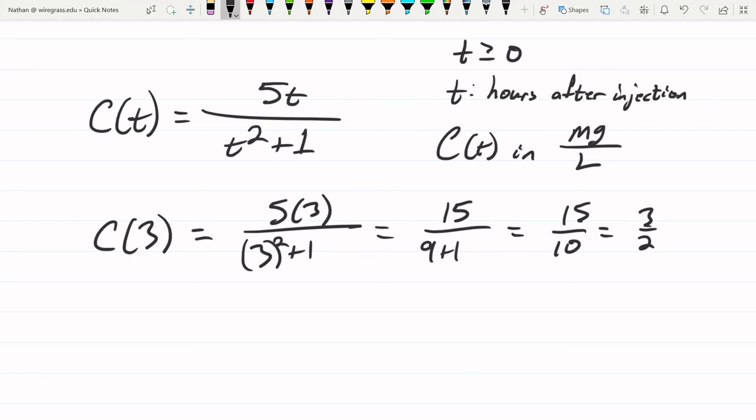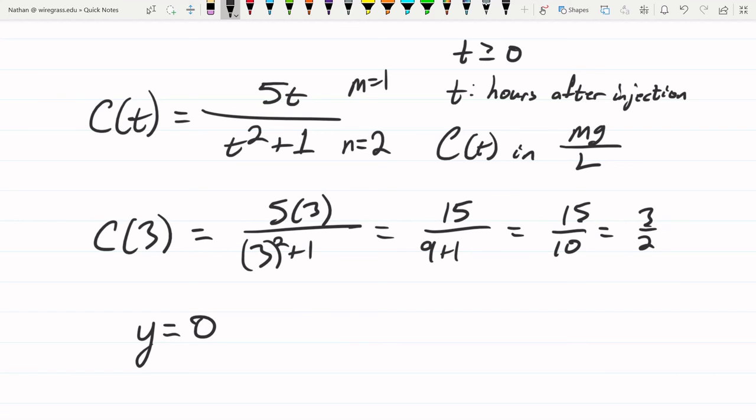And because this is a rational function, we can understand the asymptotes here. There are no vertical asymptotes from the denominator, because this is a sum of two squares, so only complex numbers are going to be the zeros. But for the horizontal asymptote, the degree on top is 1, so m equals 1. The degree on bottom is 2. Since the degree on top is less than the degree on bottom, y equal to 0 is the horizontal asymptote.